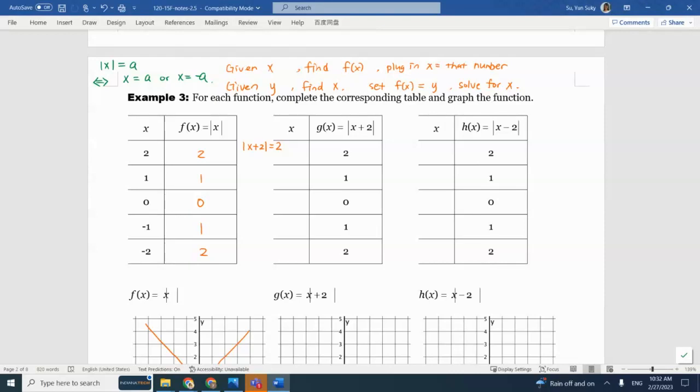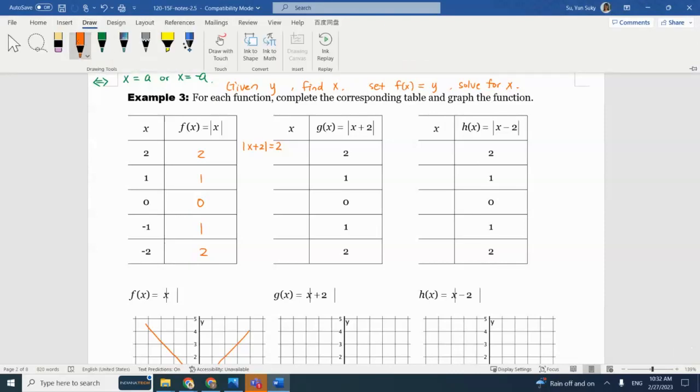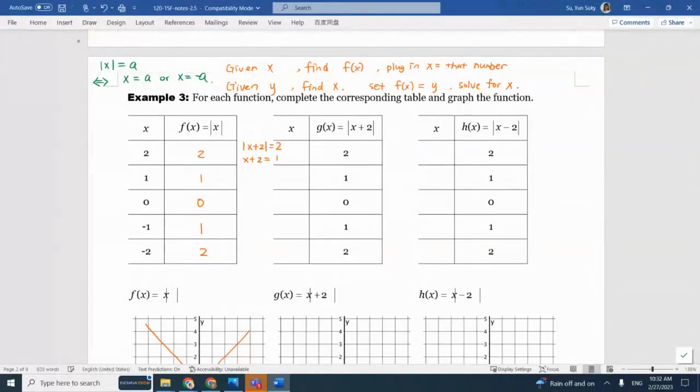Okay. So here, absolute value of x plus 2 equals 2. That means x plus 2 is plus or minus 2. So this includes those two ways: it's positive 2 or it's minus 2. Then when you solve for x, you subtract 2 on both sides. We get x equals plus or minus 2, subtract 2.